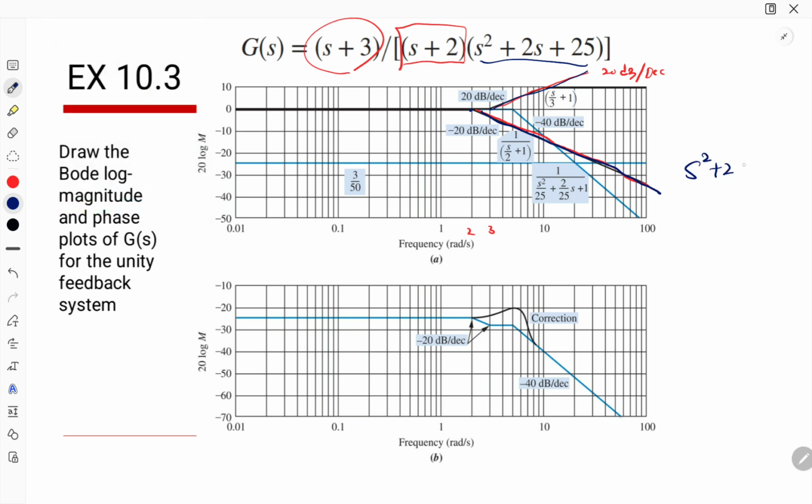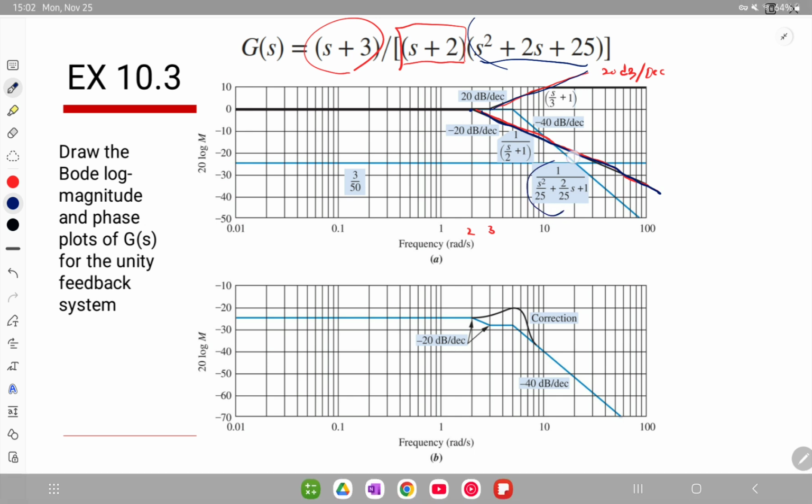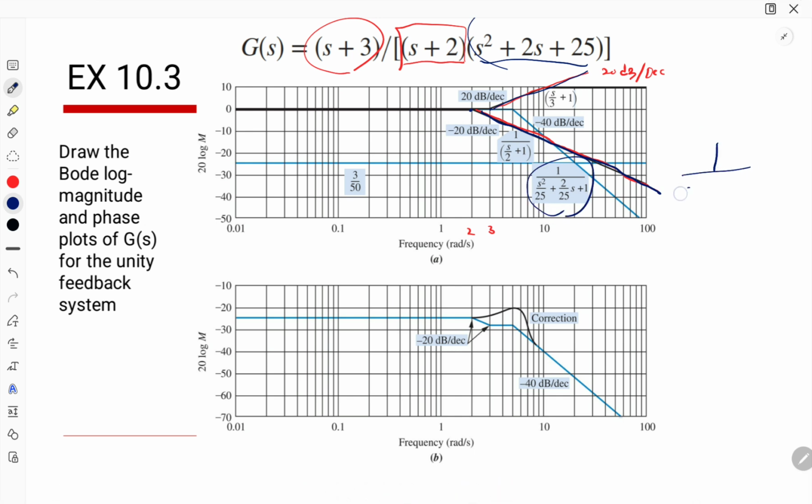s squared plus 2s plus, what will be good? 2 squared, 4, that would mean s plus 2 squared, right? Because it's 25 minus 4. So you manipulate that, and you'll end up getting 1 over s squared plus 2s plus 25. You divide everything by 25, 25, 25.